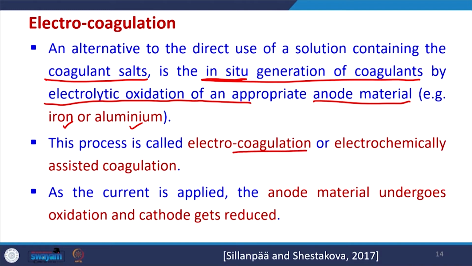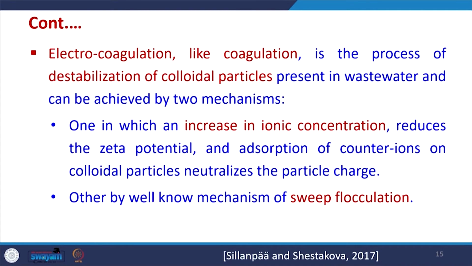This mechanism is called electrocoagulation, because we are generating the coagulant in situ from the anode because of its leaching, with appropriate use of voltage and pH. As the current is applied, the anode material undergoes oxidation and the cathode gets reduced.